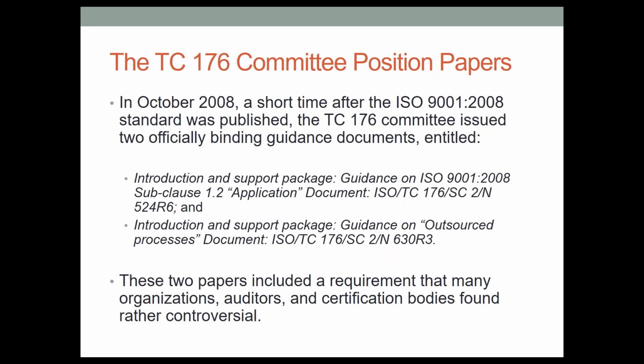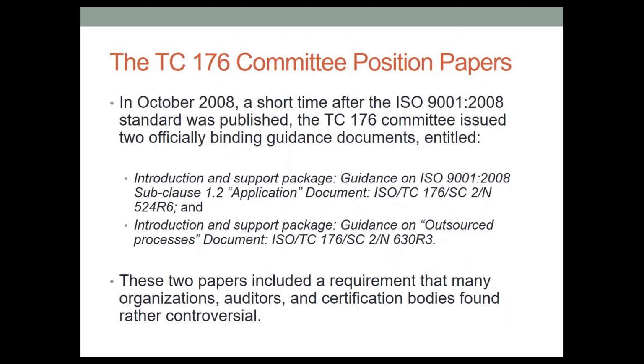Now these were called Guidance on 9001:2008 Subclause 1.2 Application and Guidance on Outsourced Processes. And the shorthand was 524R6 and 630R3. Now these 2 papers taken together included a requirement for many organizations, auditors, and certification bodies that those folks felt was rather controversial.